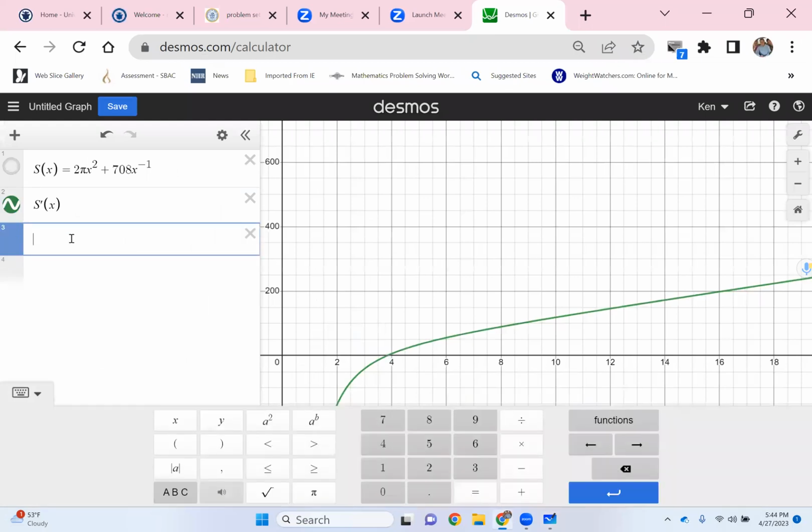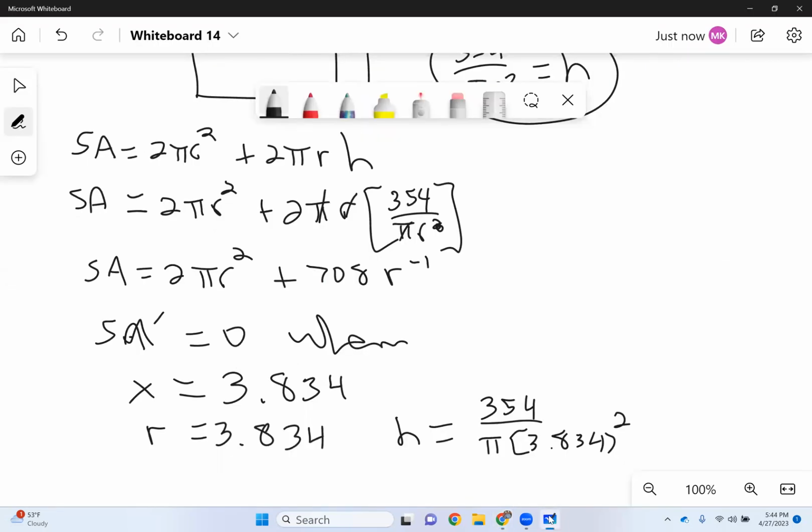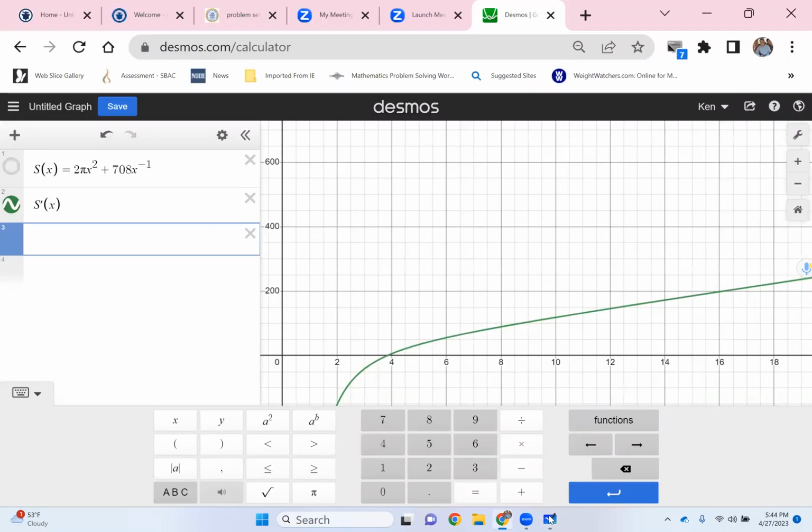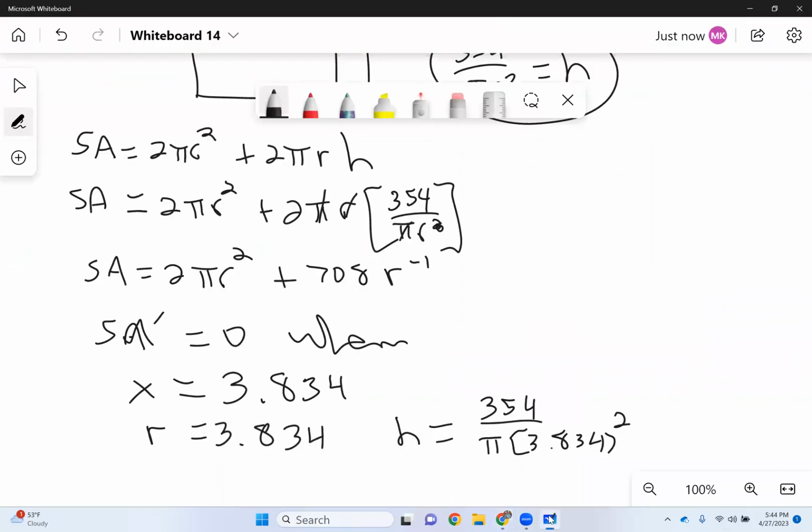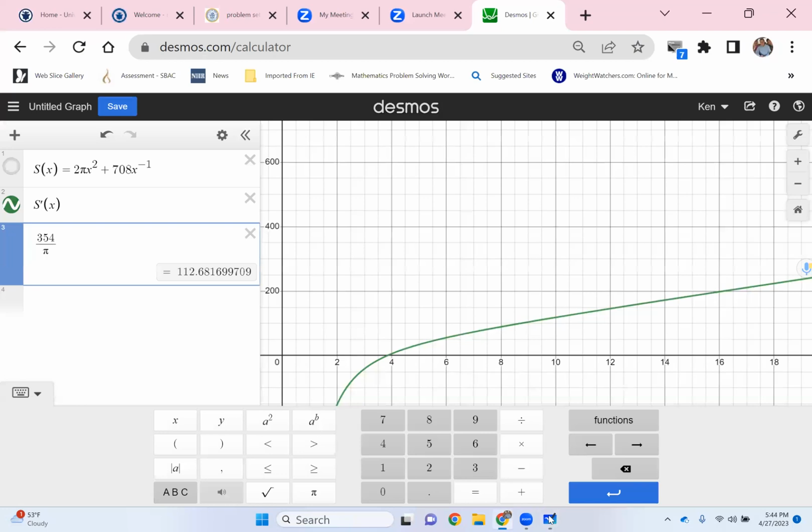So 3.3. Oh, wait, I forgot already. 354 over pi times 3.834 squared. That's 7.67.